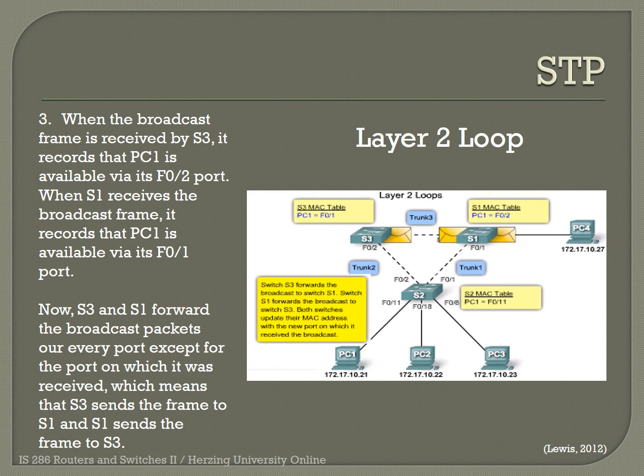At this point, when S3 receives the broadcast frame from S1, it incorrectly records that PC1 can be reached via the port on which it received the broadcast, which of course is not correct. The same problem occurs when S1 receives the broadcast frame from S3.